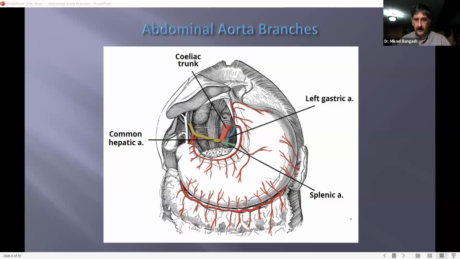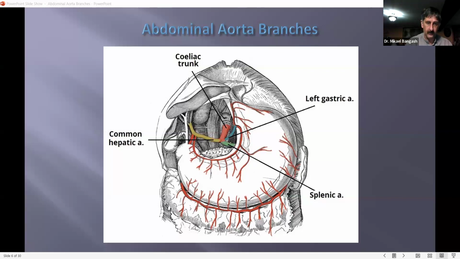So, ladies and gentlemen, this gray structure here is your abdominal aorta. This is your celiac trunk. And the blue one here is your left gastric artery along the lesser curvature.